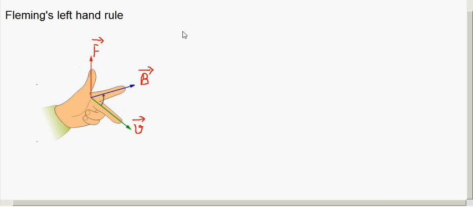So forefinger means F for field, middle finger I, that is current or velocity, and the thumb means THUMB, the motion of the conductor, or actually it is the force. The charge will then move in the direction of the force, so this force can change the direction of the charge.